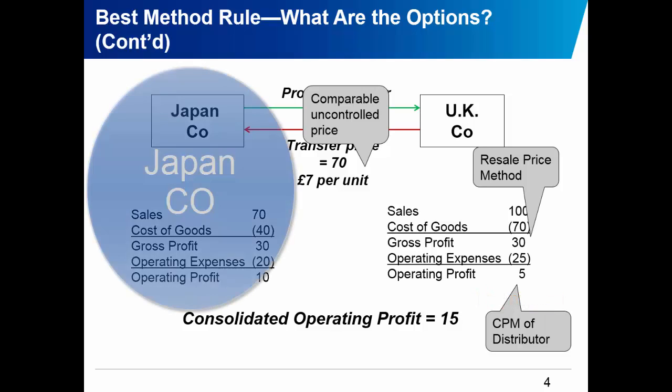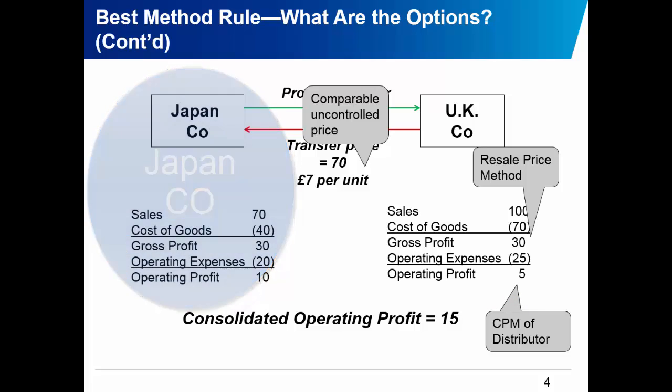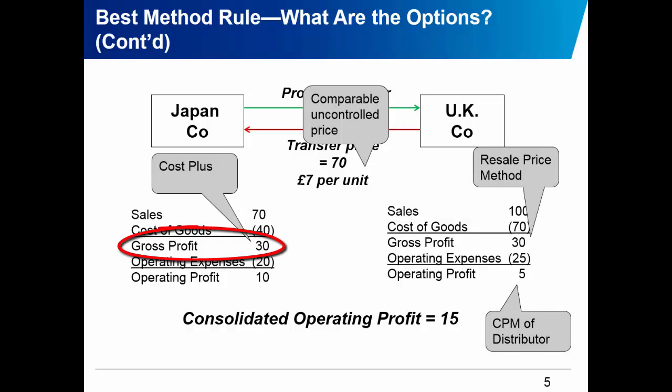Let's focus now on the manufacturer. You can apply other methods, but with a different tested party, being the Japan Co. Again, you can have a look at the gross profit. In a way, you would apply the cost plus method. It is kind of a twin to the resale price method, because you look at the same line of the profit and loss account. The only difference, which is a big difference obviously, is that here your transfer price is your sales, while the transfer price under the resale price method was the cost of goods.